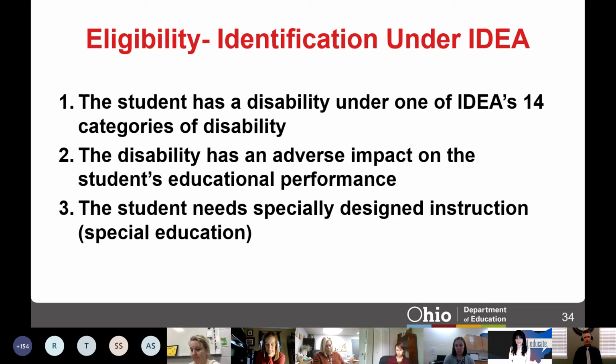Let's have some data as to how this disability has an adverse impact. And I will just mention, educational performance is viewed broadly. It's never just grades. We do look at the social skills, the whole child. And then thirdly, that student needs specially designed instruction. So all three things have to be there for that student to qualify under IDEA. Next slide.